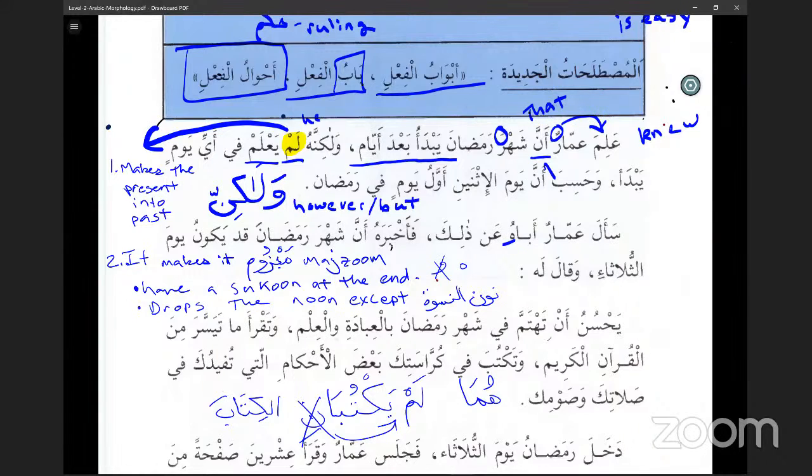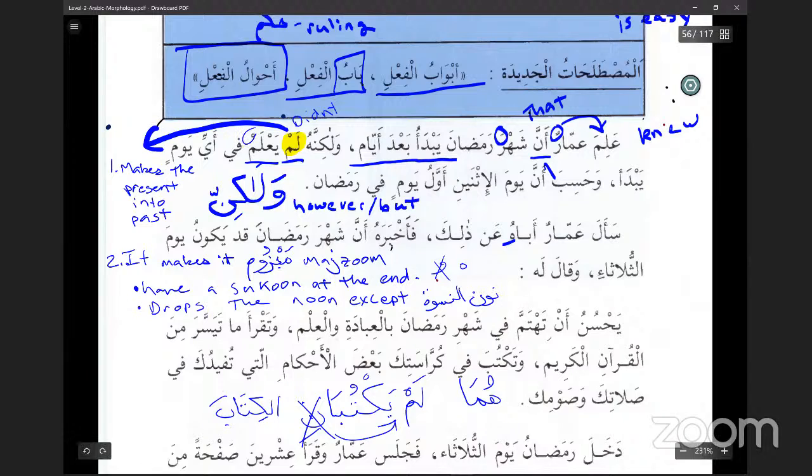It moves the meaning into past tense, which means didn't, and it negates it. So lam means didn't. After all of that, very easy, lam means didn't. So it moves the meaning into past tense, and it makes it majzoom, meaning it gives it a sukoon at the end.